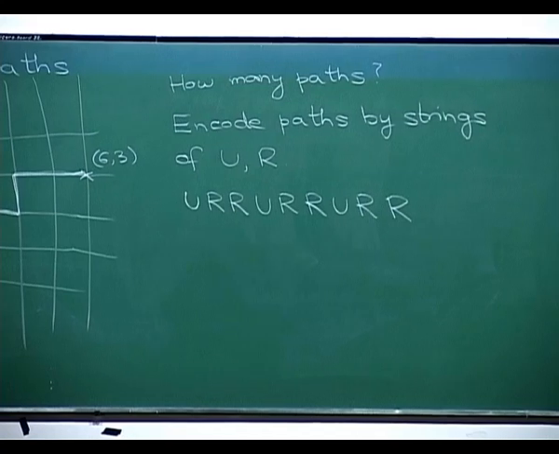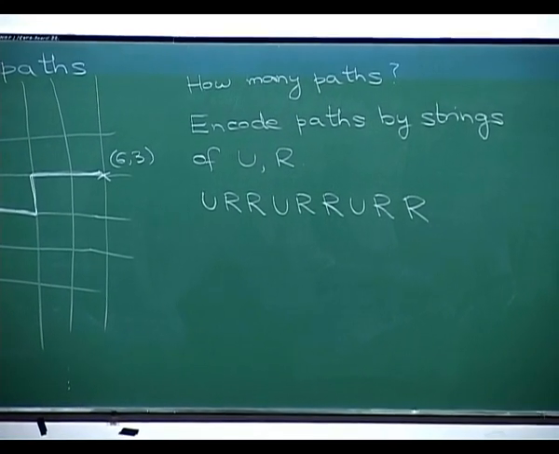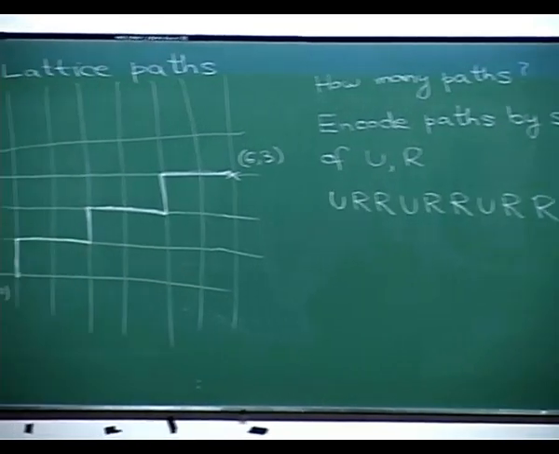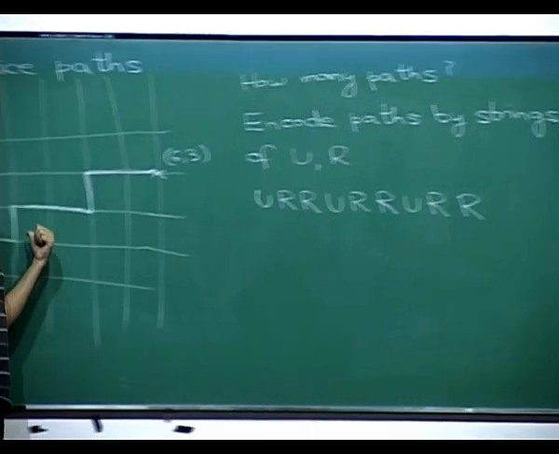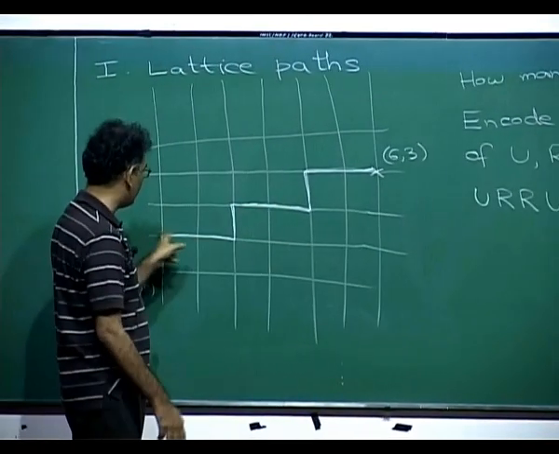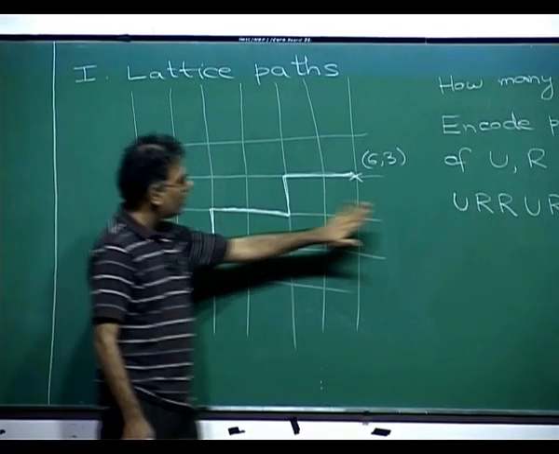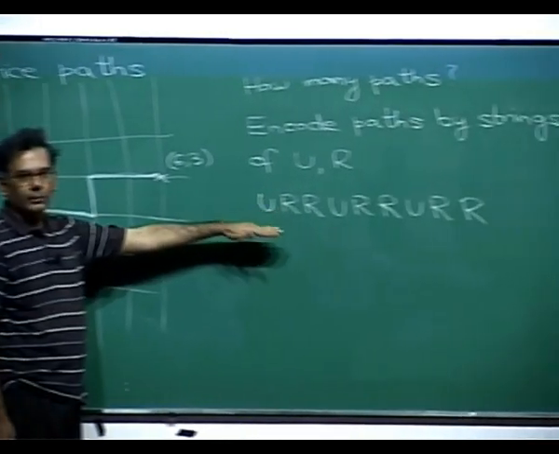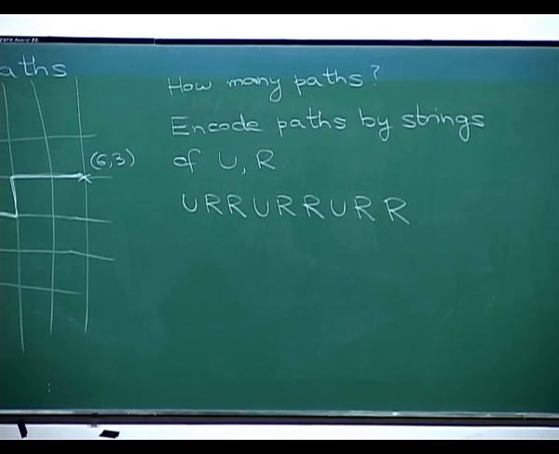Any path will be encoded by one such string. So essentially counting the number of paths means counting these strings. Once you have the string, you also have the corresponding path by following what it says, URR, URR, URR. So we have changed the counting problem to counting strings, which is a bit easier to do. So we would like to count those strings.